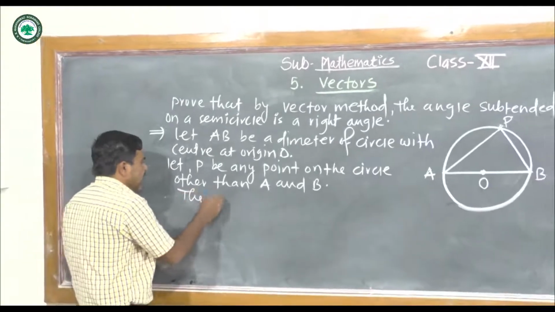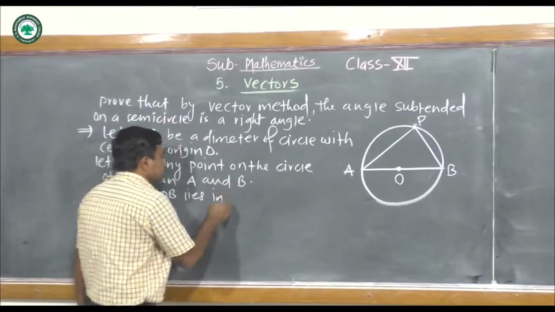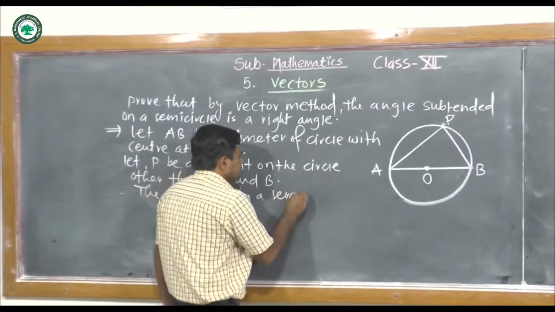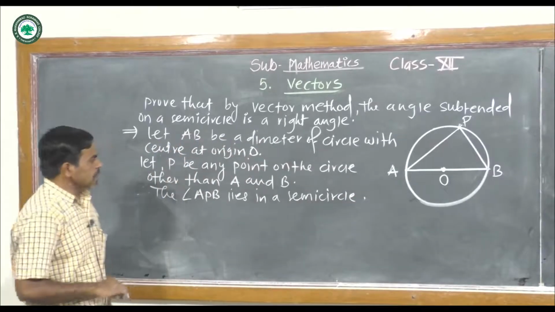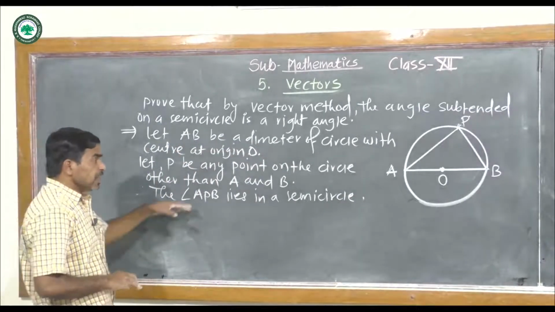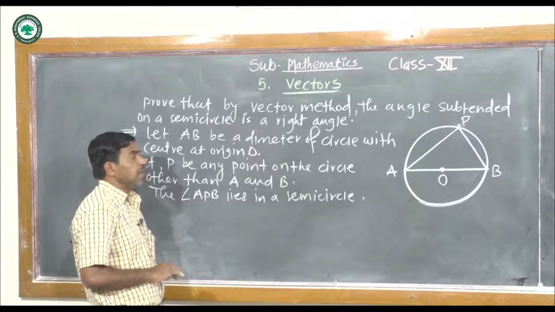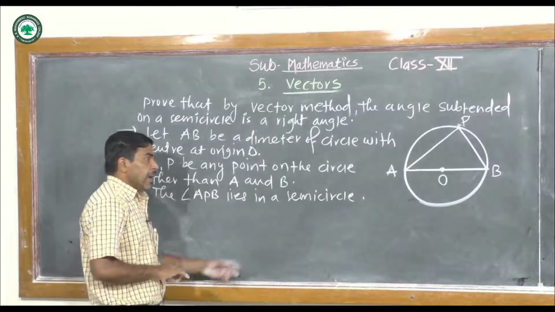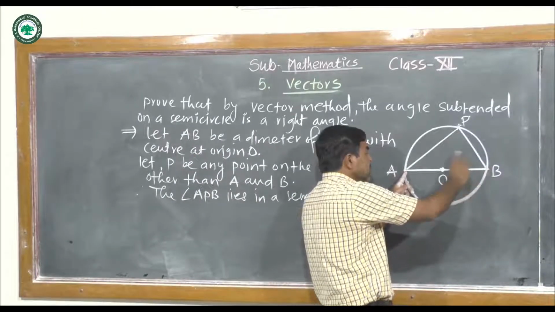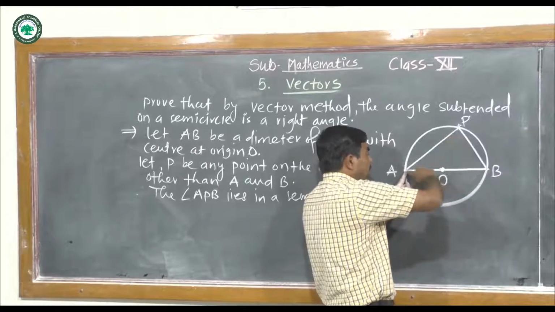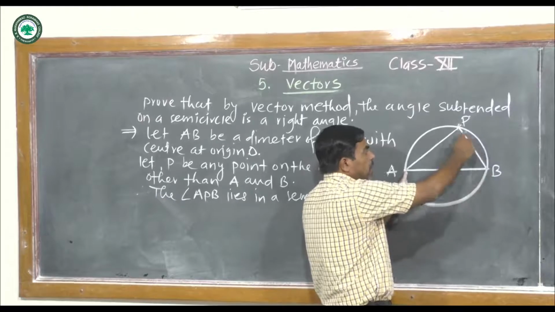Therefore, the angle APB lies in a semicircle. Now here we have to show that angle APB is of measure 90 degrees. Angle APB being of measure 90 degrees means side AP is perpendicular to BP.